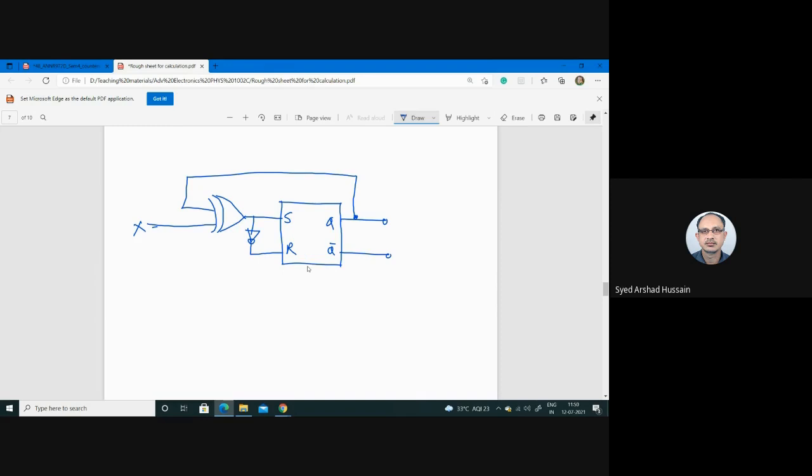Prepare the function table or the truth table for the circuit shown below and identify the function for low and high inputs. এই ফাংশনটার নাম কি সেটা, এটা হচ্ছে তো XOR gate, এটা তো জানো। And identify the whole function for low as well as high inputs. This is homework.